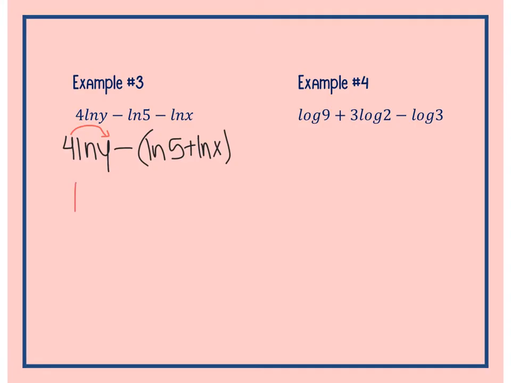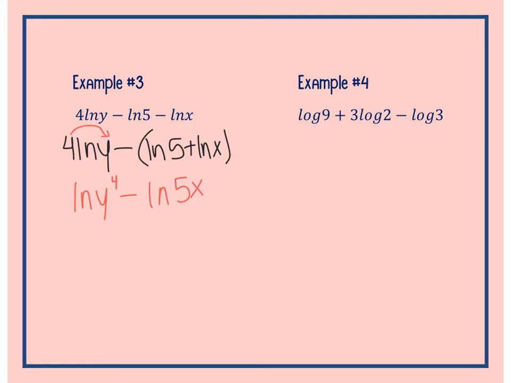So now I have ln of y to the 4th power minus ln of 5x. Okay? So I've used the two rules. Now the other rule I'm going to use here with the subtraction sign is the quotient property.